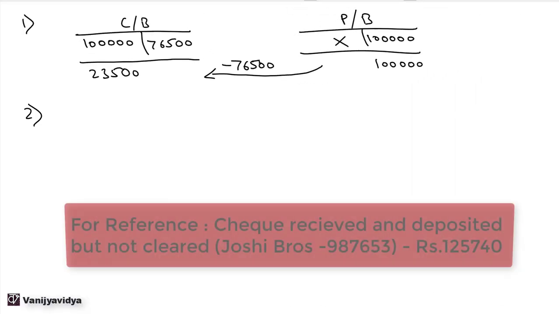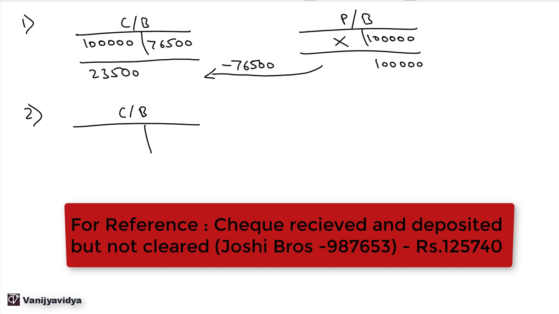2. We have cash book and passbook. Let's assume the balance as 1 lakh as per cash book debit, 1 lakh as per passbook credit. Now there is a check received and deposited amounting to 1,25,740.